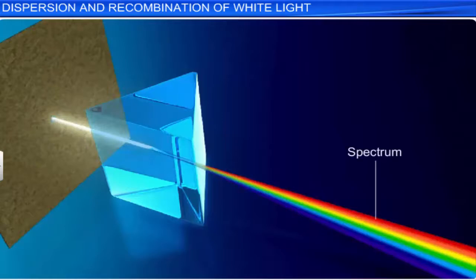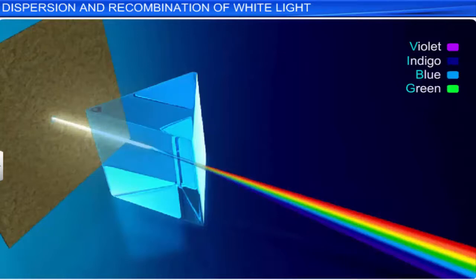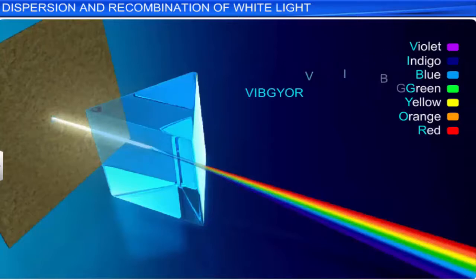The 7 colors observed in the spectrum are violet, indigo, blue, green, yellow, orange and red. This spectrum is popularly known by the acronym VIBGYOR, formed by the first letters of the names of the colors in it. Thus, white light is split into its constituent colors. Note that violet suffers the maximum deviation, while red suffers the minimum deviation.